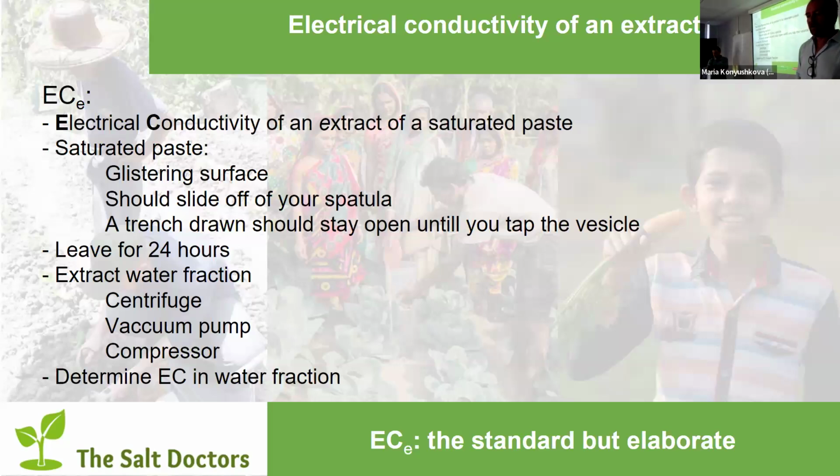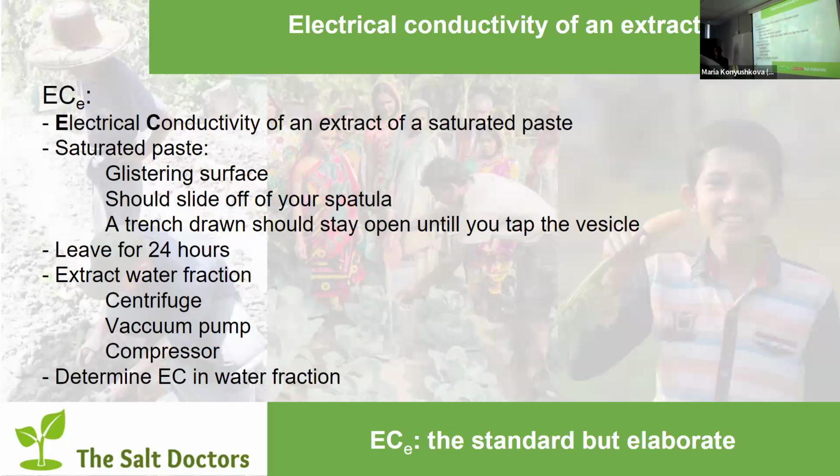But then if you have your mud and it has a glistening surface and it slides over your spatula, the most important thing for me is that you take your spatula and put it on the bottom of your container, and you make one stripe, a trench, and then you remove your spatula. It should stay. But as soon as you start tapping the side of your little container, it should close.